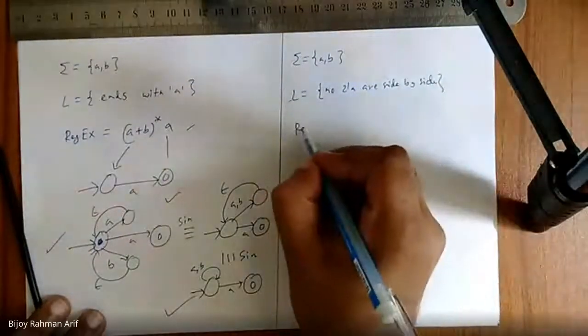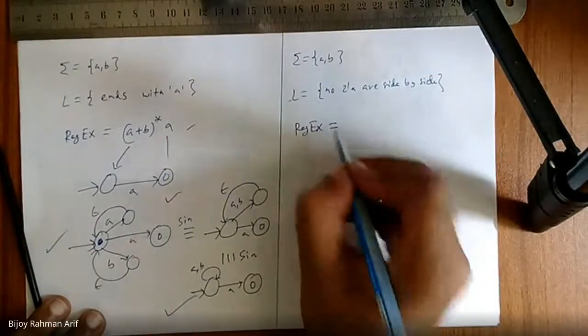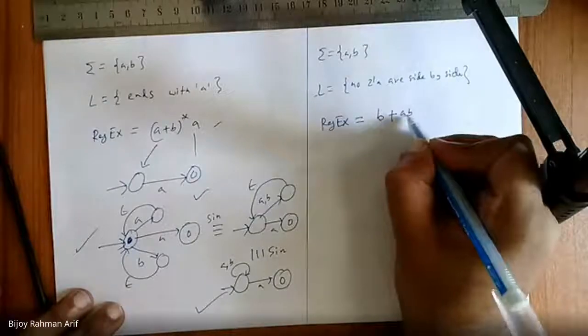What is the regex for this? No two A's are side by side. What is the regex? A, B union AB star, A.